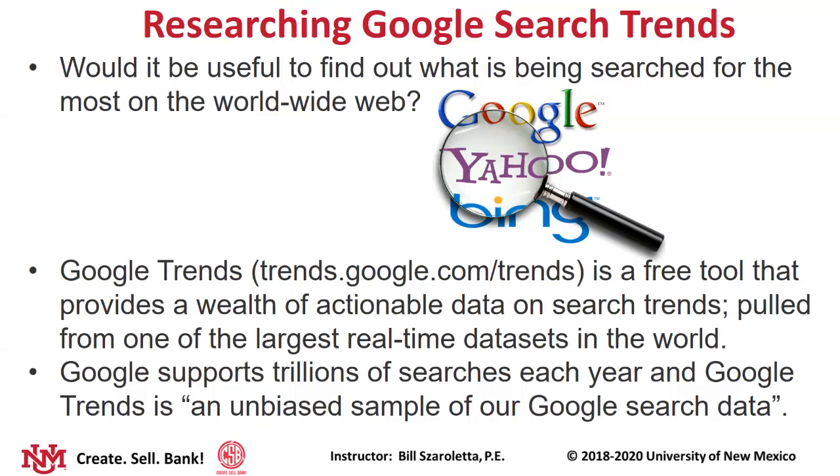It provides just an amazing amount of data that you can take action on search trends, and it's pulled from one of the largest real-time data sets in the world. It's updated constantly. And Google supports trillions of searches each year. And what they say is they provide an unbiased sample of their Google search data.